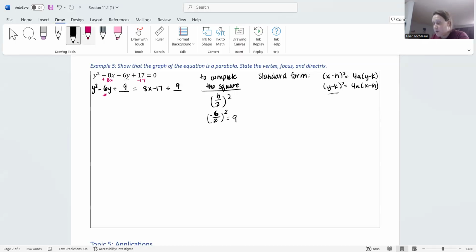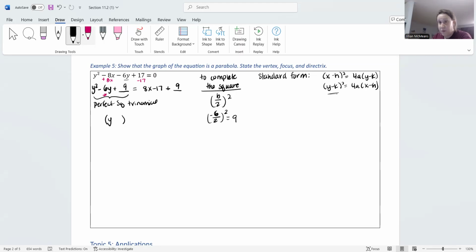And the reason we do this, the completing the square, is it forces this to be a perfect square trinomial. And we like that because a perfect square trinomial factors in such a beautiful way. We take the square root of the first term, so the square root of y squared is y.